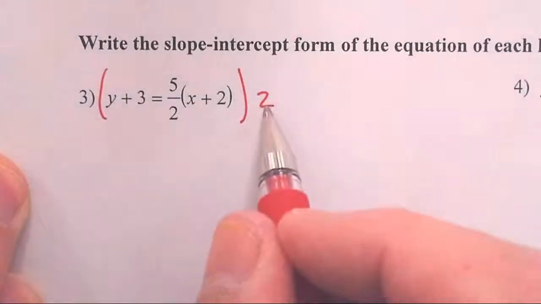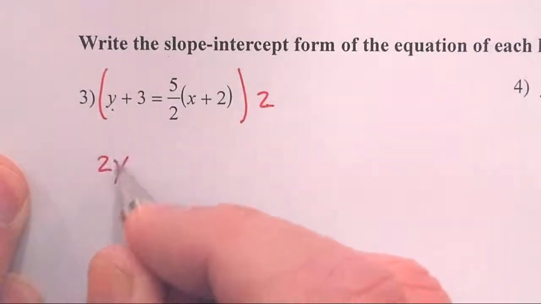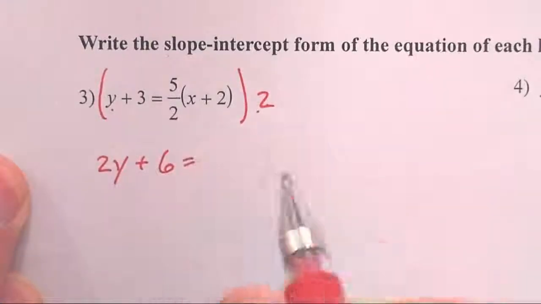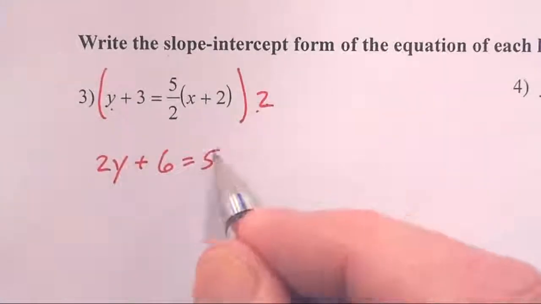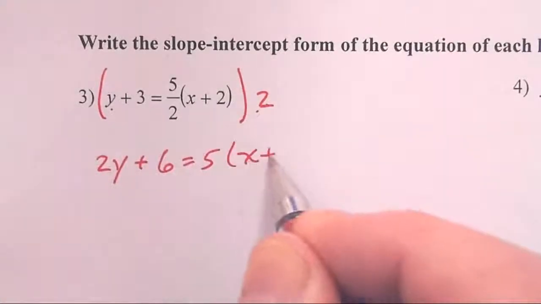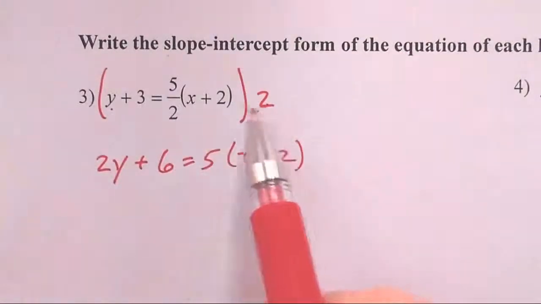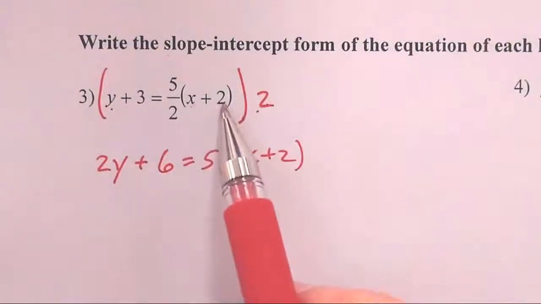You'll see what happens. 2 times the y plus 2 times the 3, 6. Now on this side, 2 times 5/2 is just 5, and we're left with x plus 2. And I'd often see the question, well, why don't I multiply the 2 times the x plus 2 or distribute it through there as well?